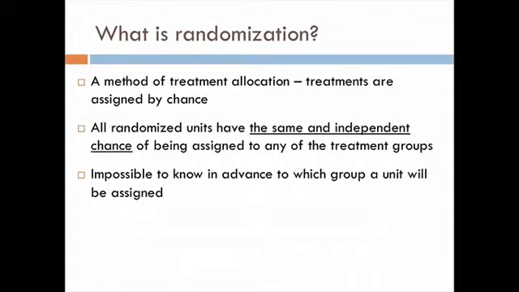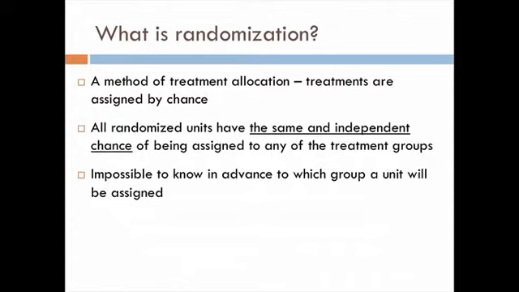So say you have a 2-arm trial where you have your intervention and your control group, and your control group gets nothing or usual care. Say you decide that your split is going to be 50-50, that half the people in your study are going to get your intervention, half your people are going to be your control. You want every individual who comes into your study to have the same chance of being assigned to your treatment group. So every individual should have a 50-50 chance of ending up in either of your two groups.